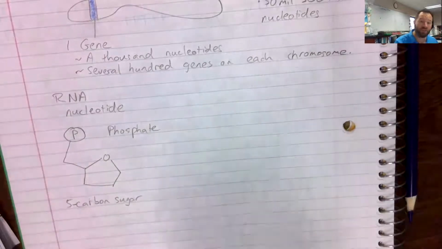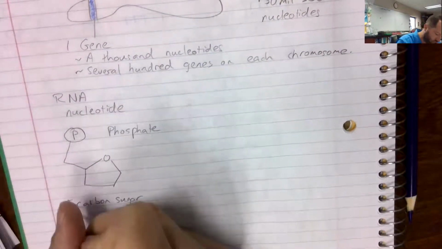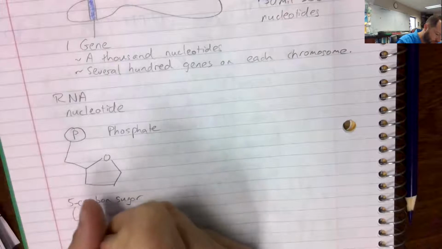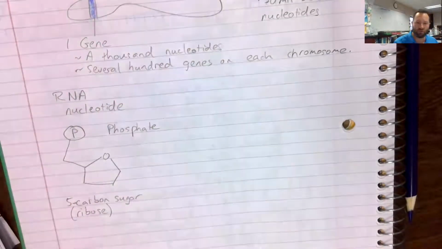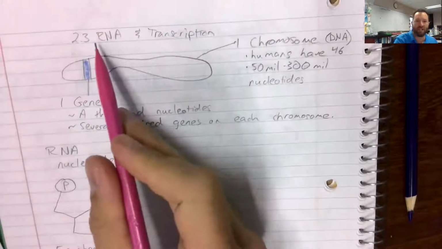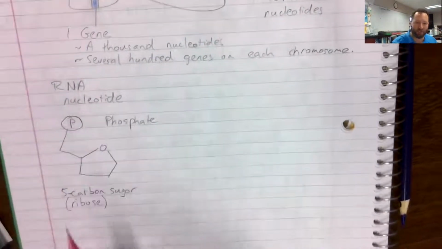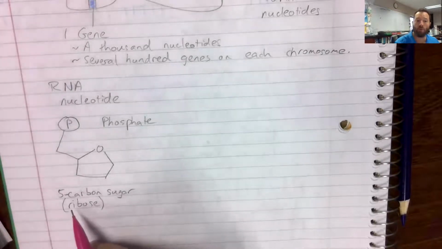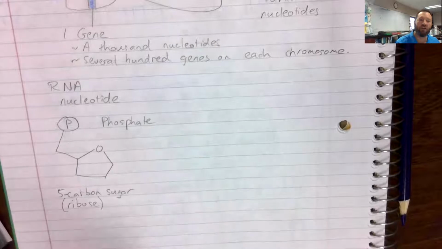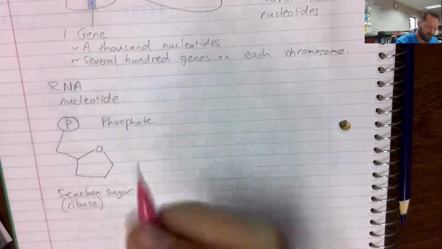Now, different than DNA, in RNA the sugar is called ribose. So there's the R in RNA. If you remember DNA, we used deoxyribose, and that was the D in DNA. Well, the R in RNA is from ribose, which is the 5-carbon sugar used in RNA.